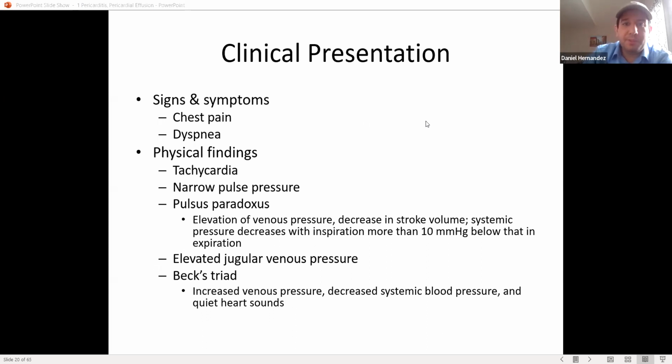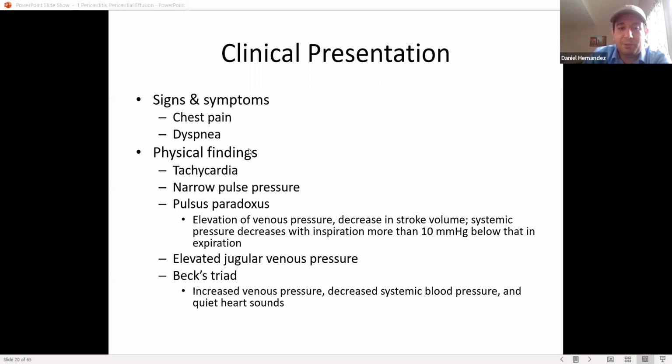So what are the clinical presentations for patients that could potentially have cardiac tamponade? Some signs and symptoms would be chest pain, dyspnea, so shortness of breath. Patients will present with tachycardia. Since patients with tamponade will have decreased right-sided heart filling, the heart will start becoming tachycardic to try to increase the outflow.